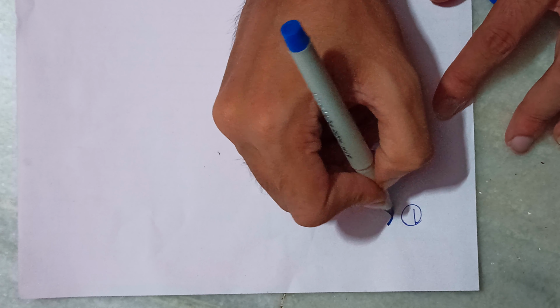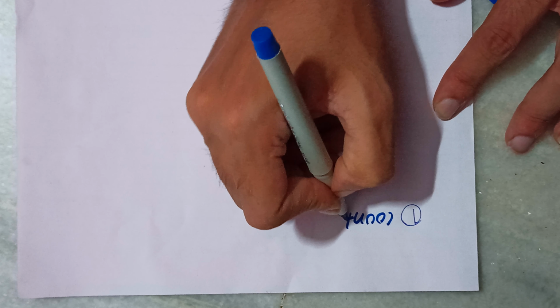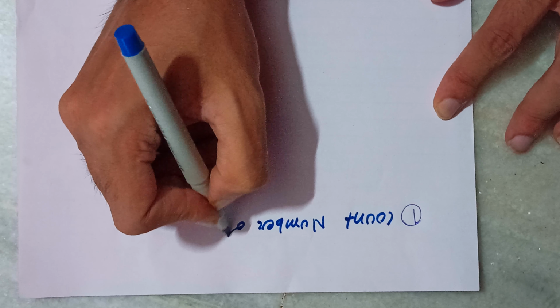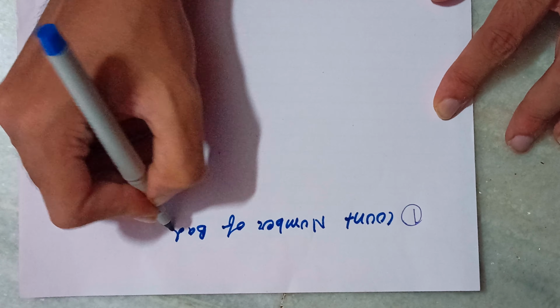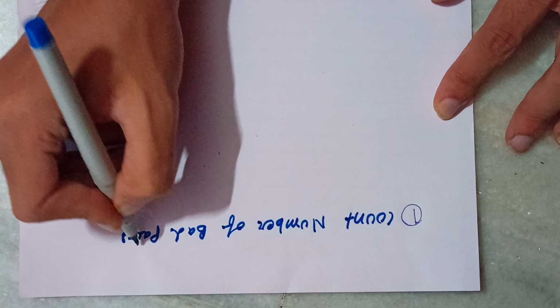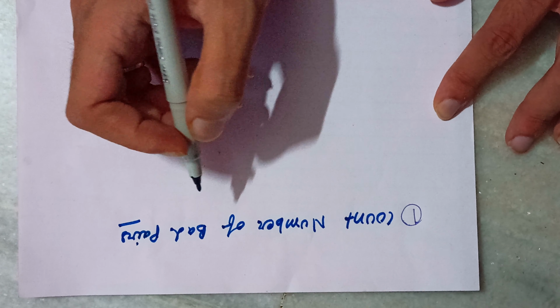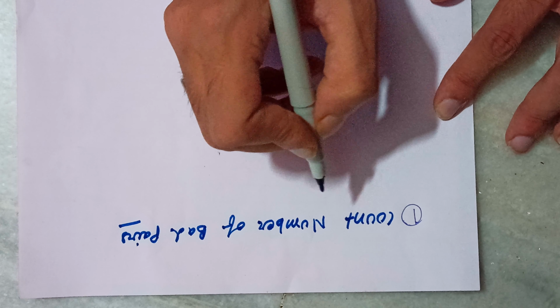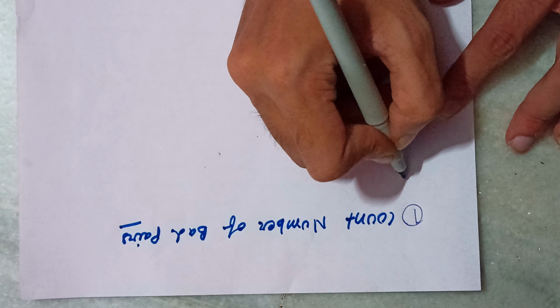So in this question we have to count the number of bad pairs. As we have already seen, two conditions need to be satisfied.